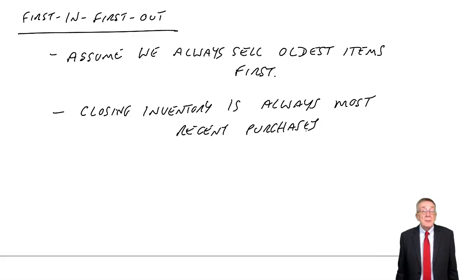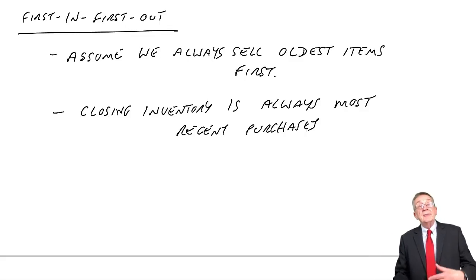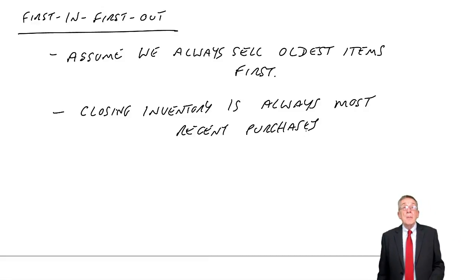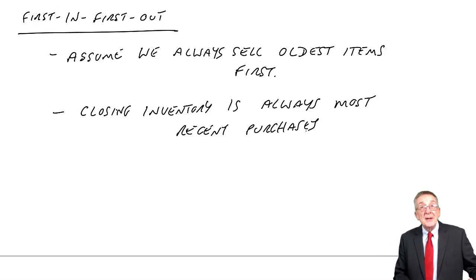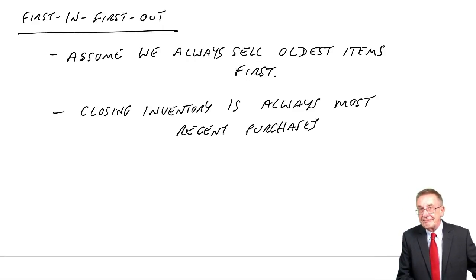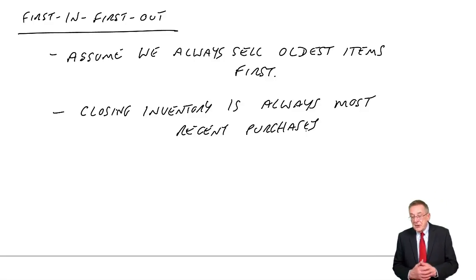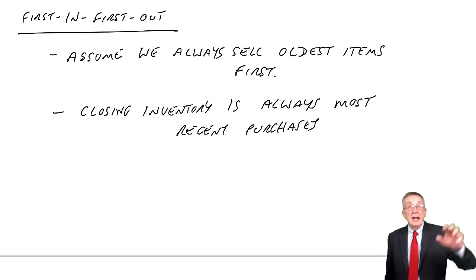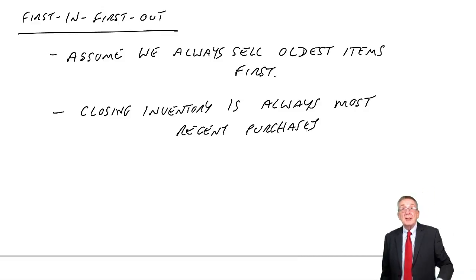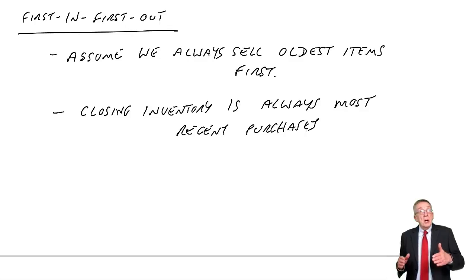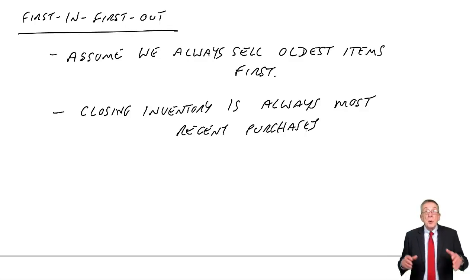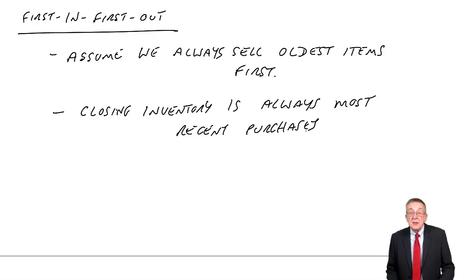If you always buy from the front, the old ones, yesterday's milk, then at the end of the day the ones that are left are always the newest ones. Now, it's an assumption. Obviously, when I'm buying milk, I go to the back and make sure I pick the newest one. But with first in, first out, we assume we always sell the old ones first, and so whatever's left at the end are always the newest ones, the most recent purchases.